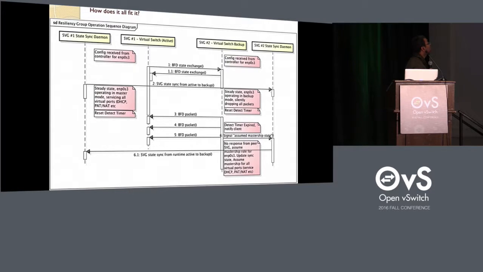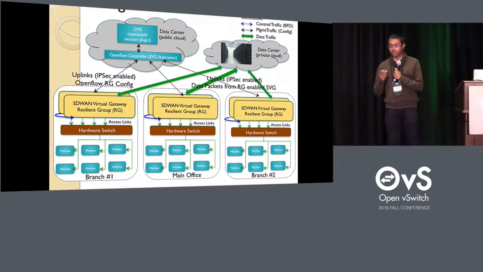So it keeps synchronizing state in the background, and when the BFD link failure happens, the virtual switch sends a notification to the clients, which in this case is the SVG sync D, and it takes over the responsibility of syncing state in the other direction now. So this is how it will work.